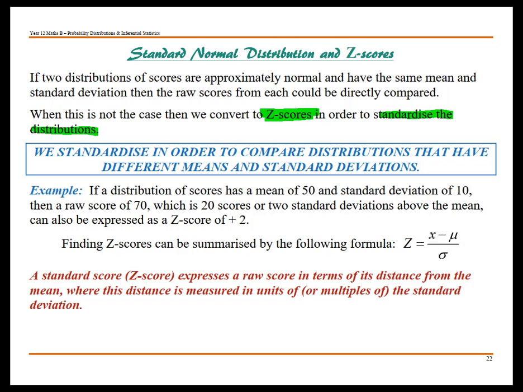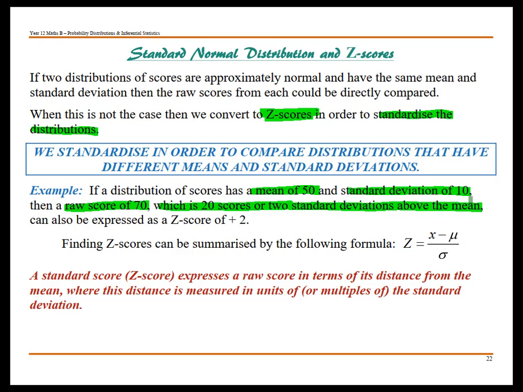So let's look at an example. If a distribution of scores has a mean of 50 and a standard deviation of 10, then a raw score of 70, which is 20 scores or 2 standard deviations above the mean.